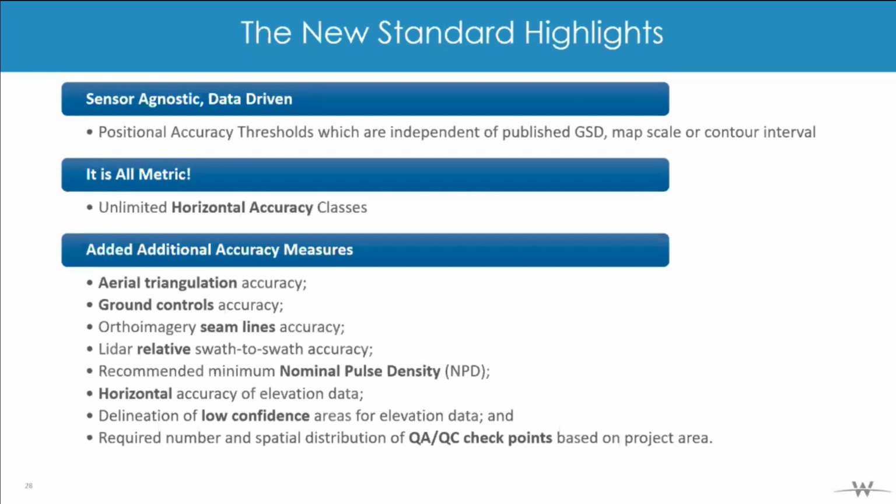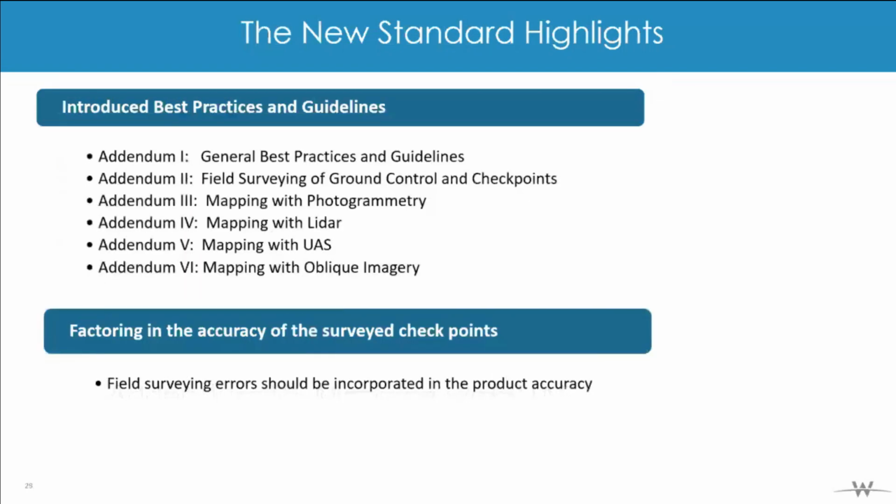It is all metric. And we added additional accuracy measures: aerial triangulation accuracy, ground control accuracy, seam line for the ortho, LiDAR relative swath-to-swath, recommended minimum nominal pulse density, horizontal accuracy of elevation data, delineation of low confidence areas, and number and spatial distribution of QA/QC checkpoints.